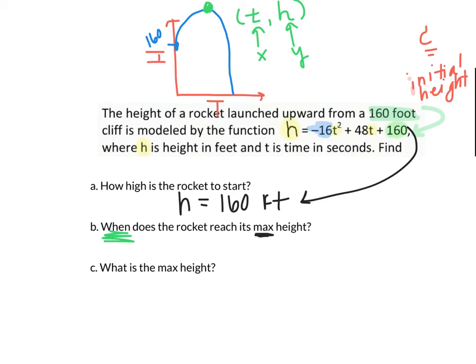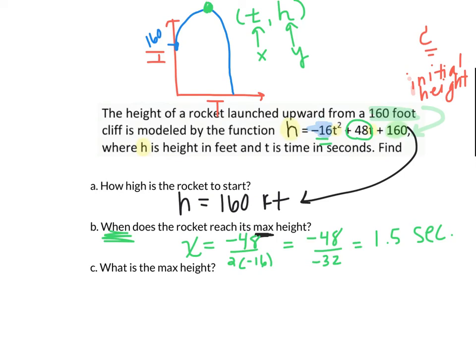And we know to find the x coordinate of a vertex, we do negative b divided by 2a. In this case, b is 48 and a is negative 16. So that gives us negative 48 divided by negative 32, which is 1.5. So it's going to take 1.5 seconds to get to its maximum height.